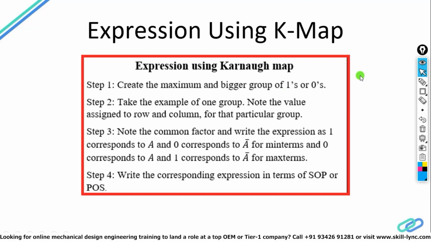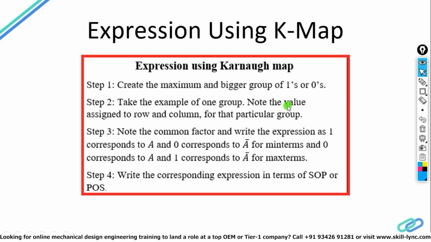For example, if you are taking an SOP, try to make a bigger pair, means try to find out if 16 ones can come together, or 8 ones, or 4 ones, or 2 ones. If nothing is there, a single one you have to write. Your least preference is a single one or single zero, and the most preferred thing is all the ones should be there. I will also show you how the number of ones affects the expression, and how the expression affects the wiring or power dissipation also.